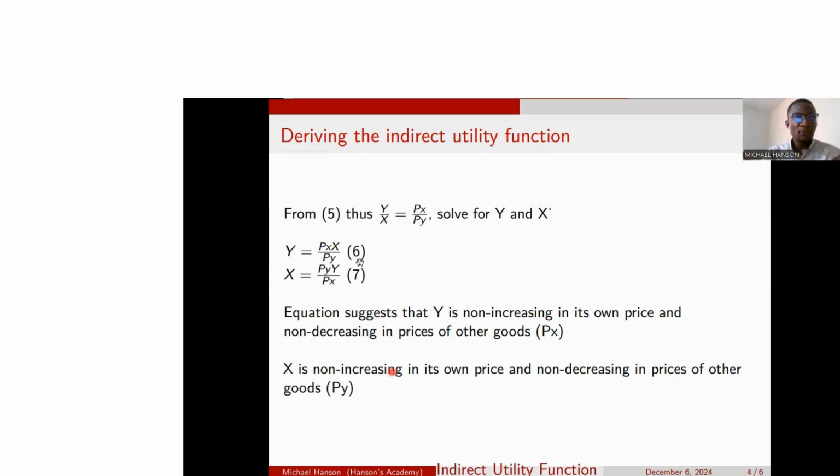Similarly, look at equation 7. It suggests that x is non-increasing in its own price.